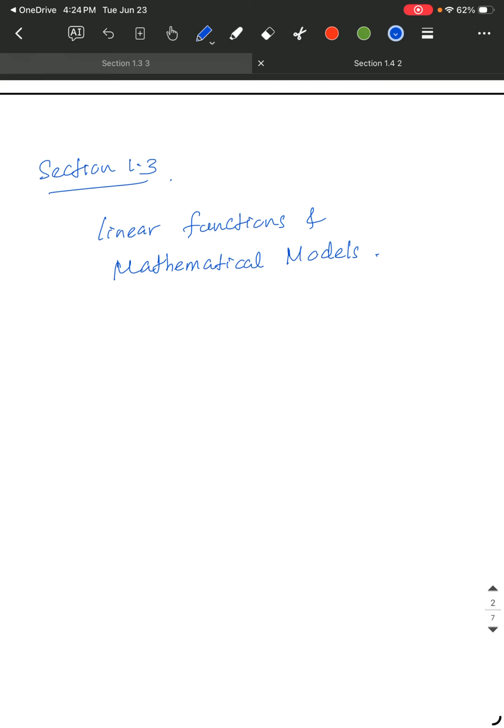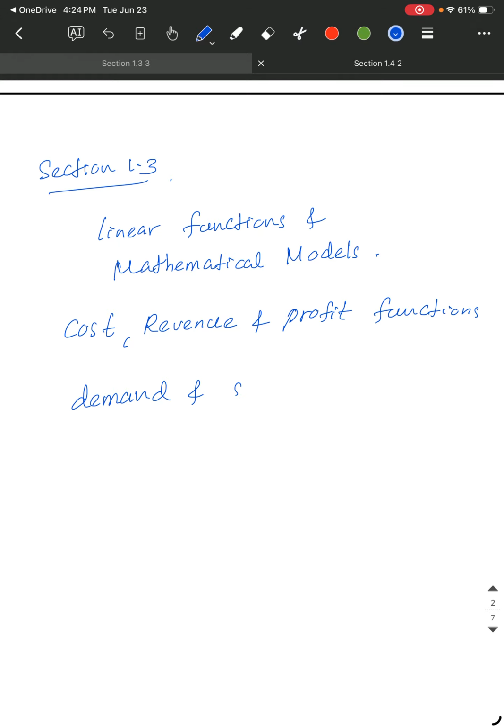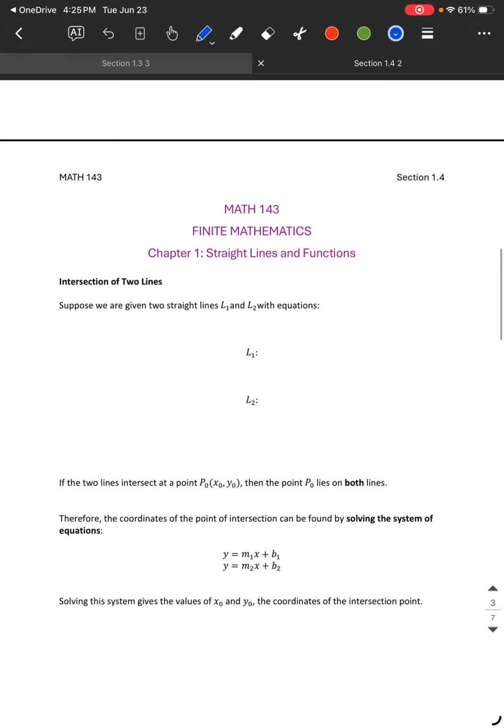We also discussed the cost function, revenue function, and profit function, and also demand and supply equations. Today, we will combine those ideas and see how the intersection of two lines helps us solve real business and economic problems. Okay, let's start.